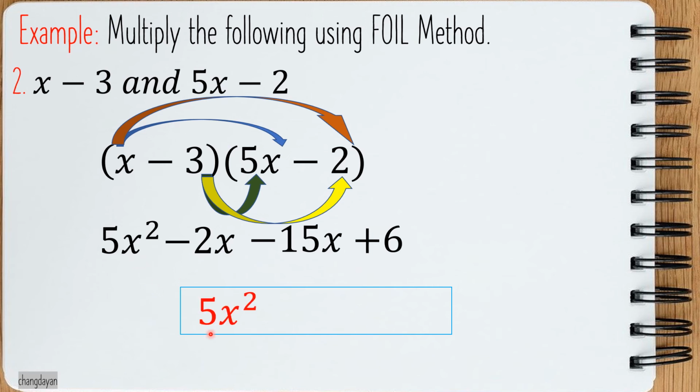Just copy 5x squared and combine negative 2x and negative 15x. So, that will give you negative 17x. Then, just copy the constant term, which is positive 6. Therefore, our answer here is 5x squared minus 17x plus 6.